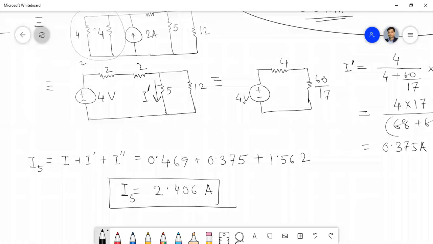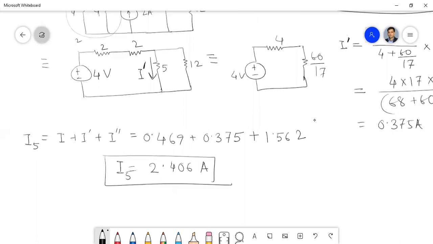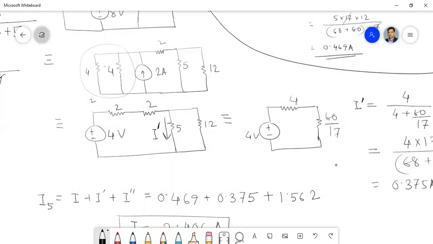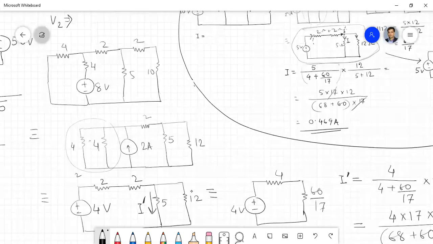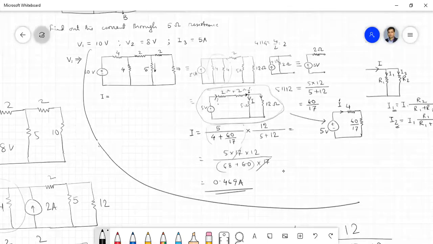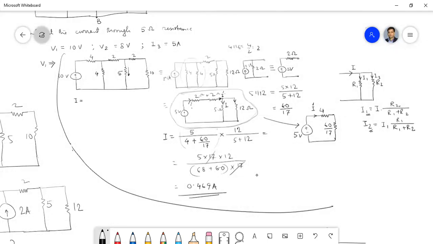Understood? So this is how we have to solve. Other methods you can also take, but I think they will not save you time. If you know this type of source transformation, for a circuit with a combination of current source and voltage source, it will be easier.